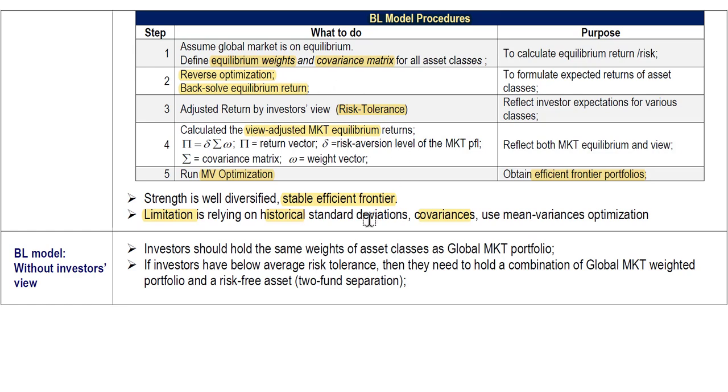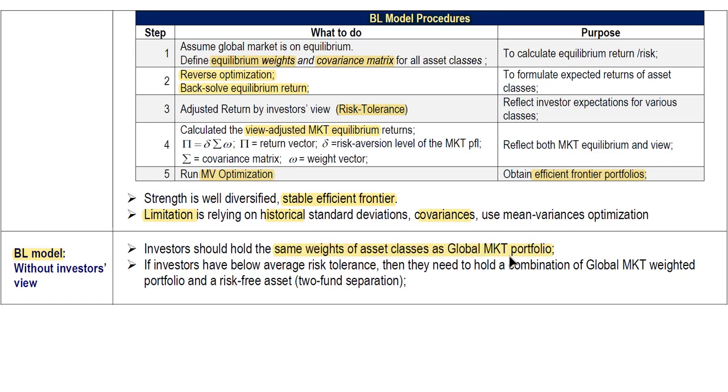So during the exam, in the discussion about the Black Litterman model, although it's a very useful model, it still has some strengths and weaknesses. Now, the important implication here is this: from the BL model, if we do not consider just one particular investor, but assume the common investor, then based on the model the best choice is to put the portfolio into an internationally diversified portfolio with the same weight of asset classes as the global market portfolio.